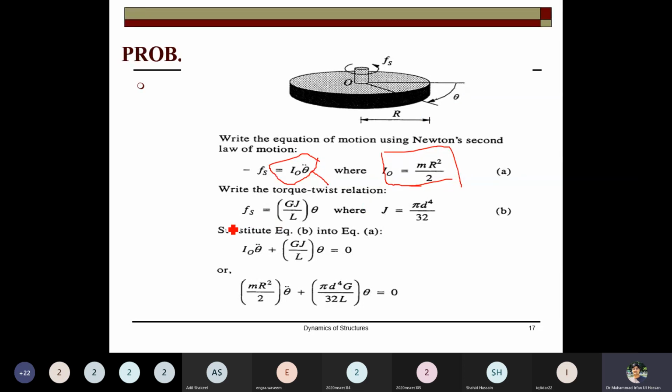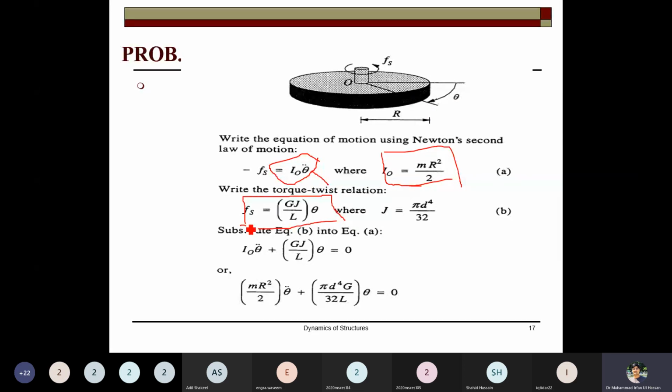Now we know that when any body is subjected to ground displacement or rotation, theta, what will be the torque twist relation that you studied in the mechanics of materials?